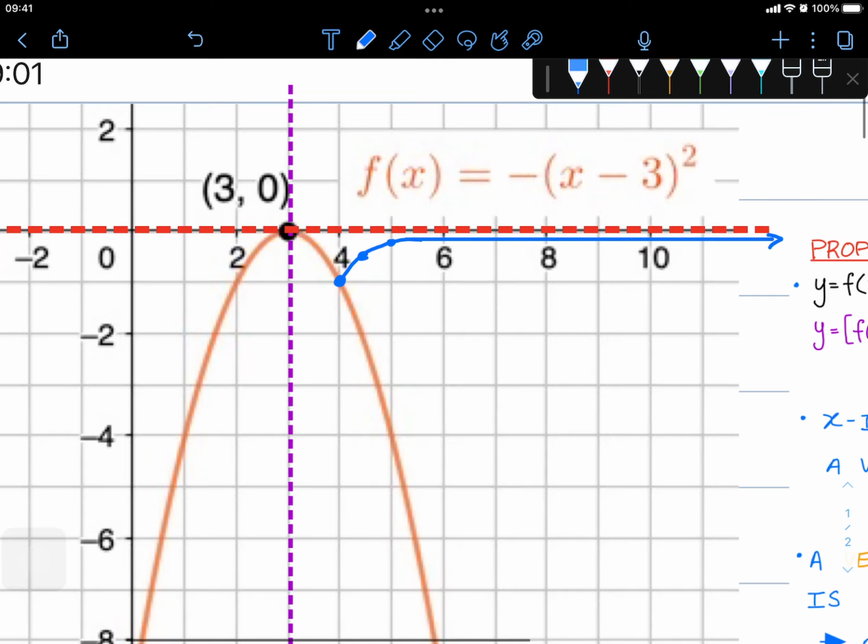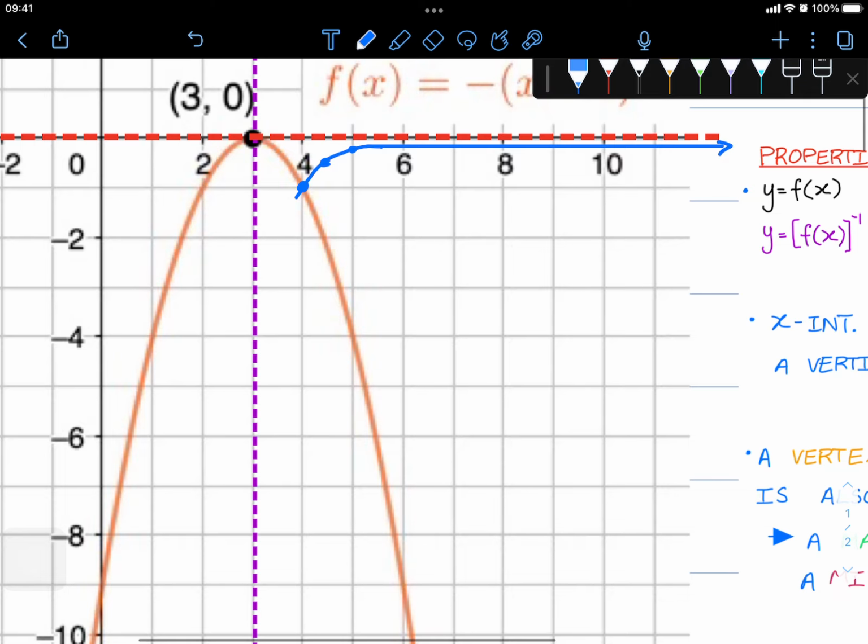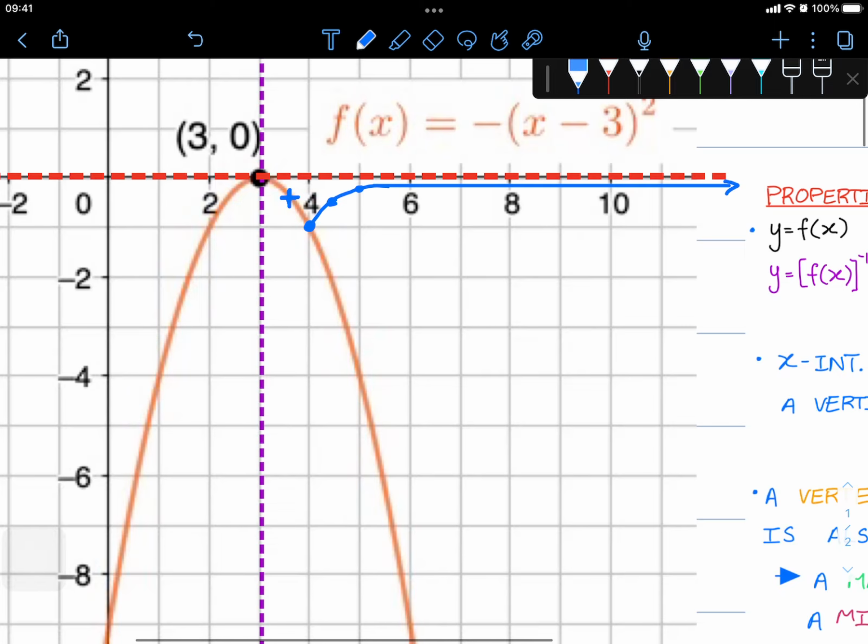Now from here, let's take a look at what's happening. As we are approaching 0, we already know that this is going to shoot upwards like so. So let's make this a little bit more accurate, why don't we? At this point, we have y is equal to -0.5. Its reciprocal will be 1 over -0.5, which if you calculate will become -2.